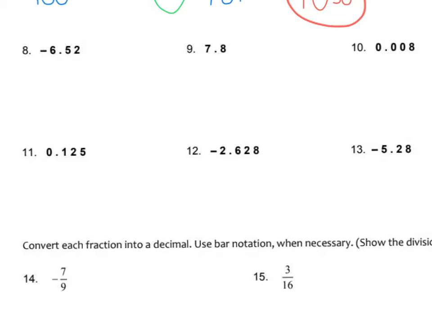Okay, let's do number 8 together. So my whole number is negative 6. And then I have 52 over, the 2 is in the hundredths. What can I divide by? I know I could divide by 2.